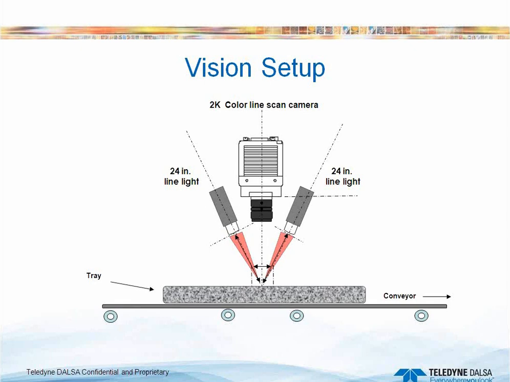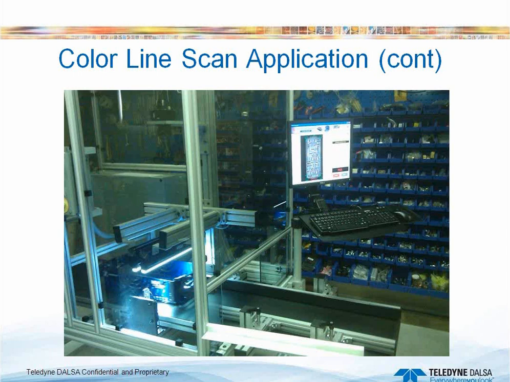The tray was moved via conveyor. There was a trigger that told the camera when to start acquiring as the tray came into the field of view, and the conveyor encoder would synchronize the camera to take the pictures. Here's a picture of the system. On the right side of the system, that's the output, or where the trays come in.